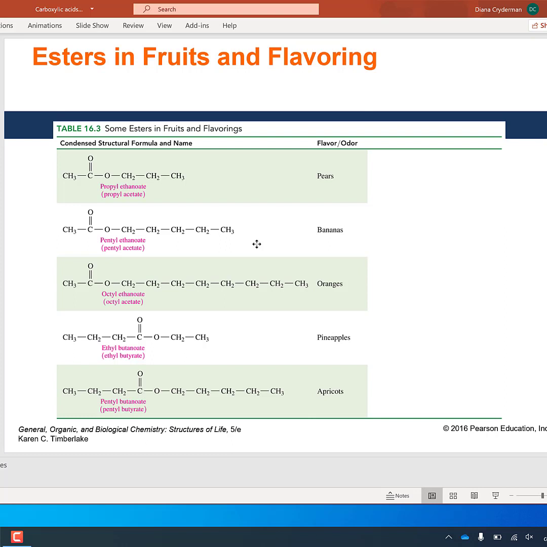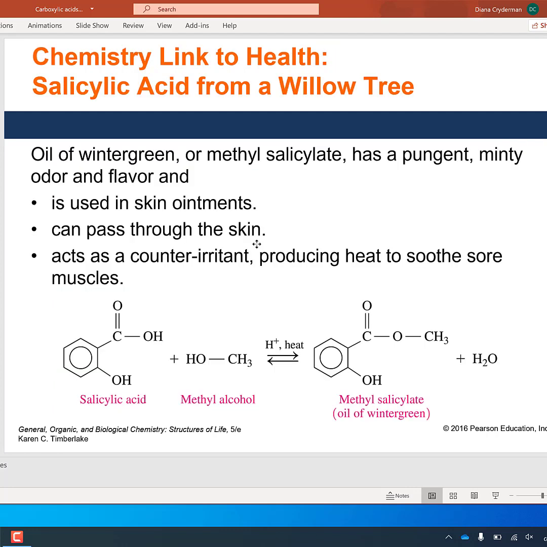Another lab activity that we will hopefully be partaking in is linking to health. We did allude to this in a previous lecture, but I want to go over it quickly again. Here we have an image of methyl salicylate. This is kind of a different naming system, so don't worry about the name of this right now.